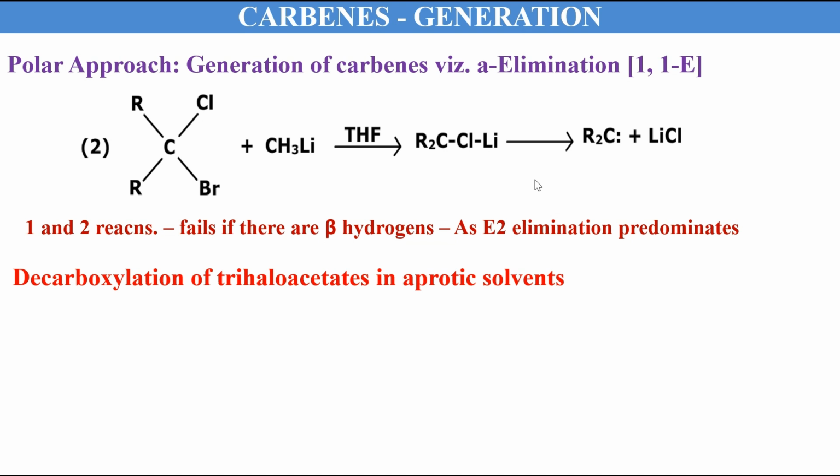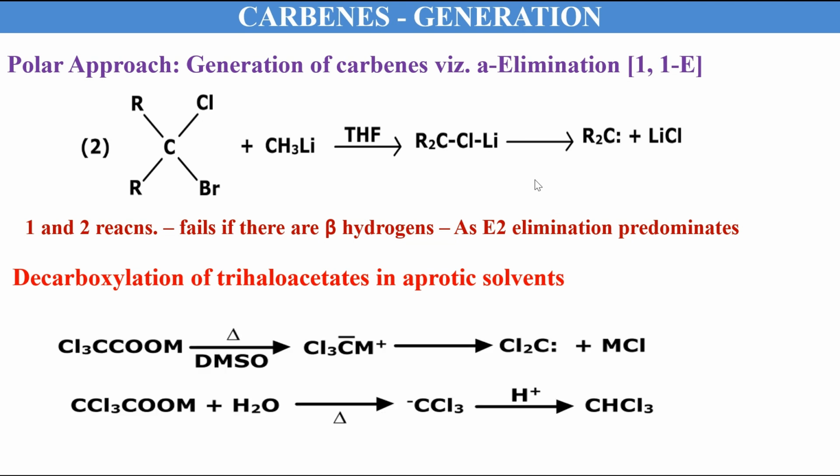Another approach for the production of carbenes is decarboxylation of trihaloacetates in aprotic solvents like dimethyl sulfoxide, dimethyl formamide, etc. If I take the metal salt of trichloroacetate and heat it in an aprotic solvent, it loses carbon dioxide to give rise to a carbanion.